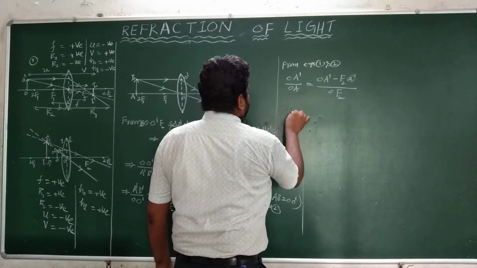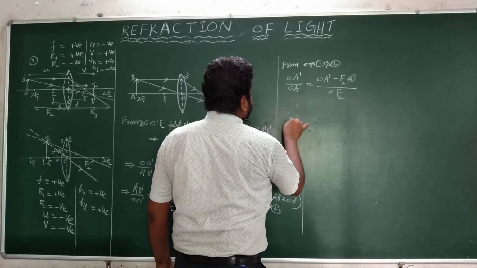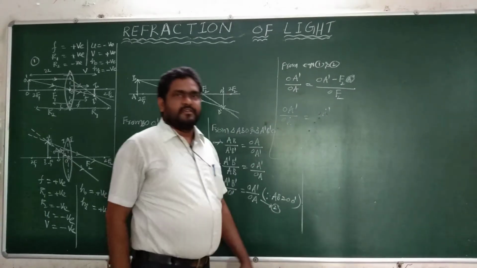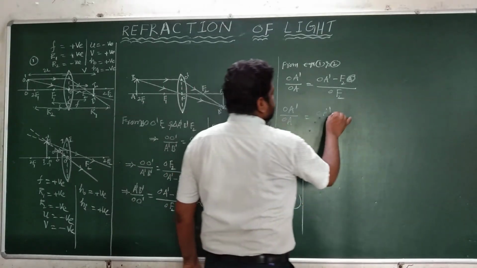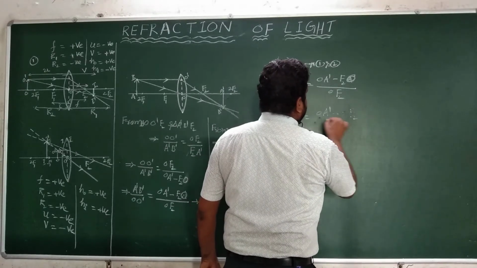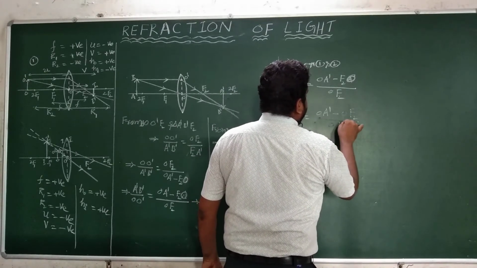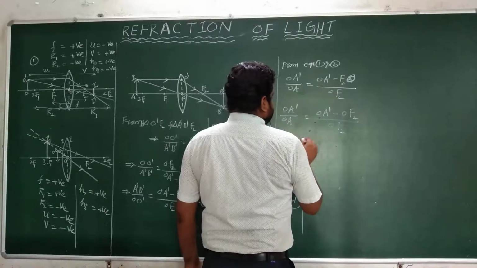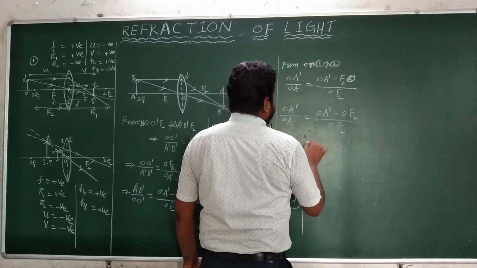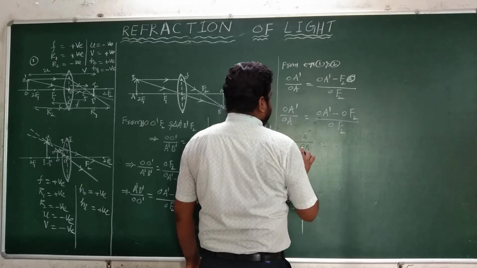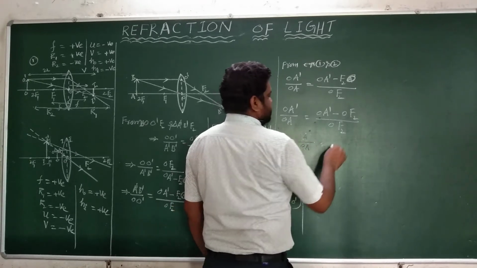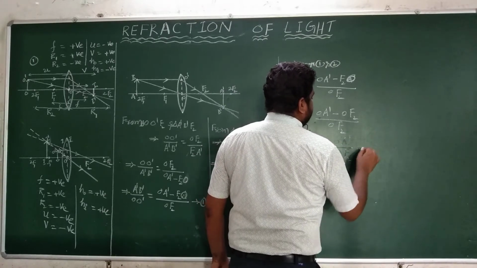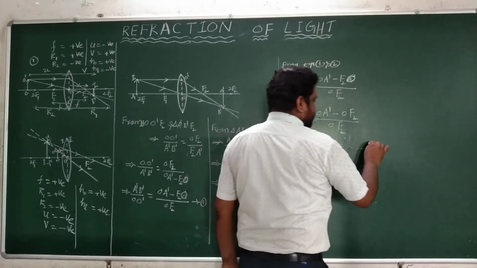From these, OA dash divided by OA equals OA dash minus OF2 divided by OF2. From this, OA dash divided by OA equals OA dash by OF2 minus OF2 by OF2, equal to 1.